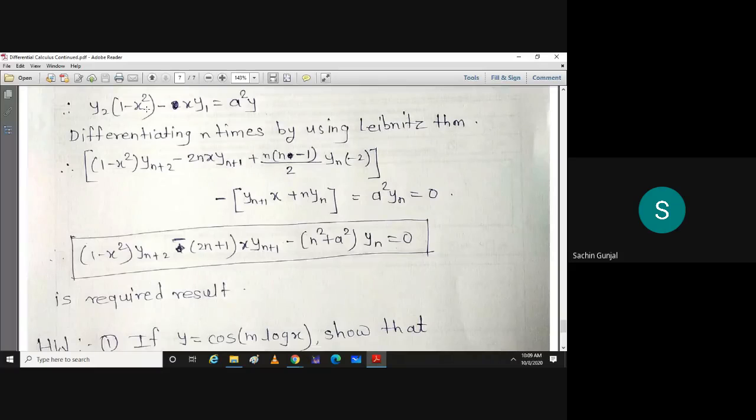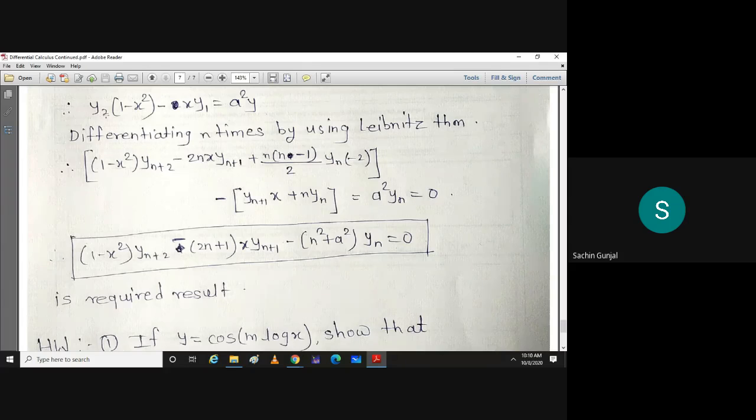Our selection of v is such that its derivative vanishes earlier. You can check that the third derivative of 1 minus x square will be 0. So nC0, that is 1, into the nth derivative of u, which is y n plus 2, into v, that is 1 minus x square, plus nC1, that is n, into the n minus 1 derivative of u.